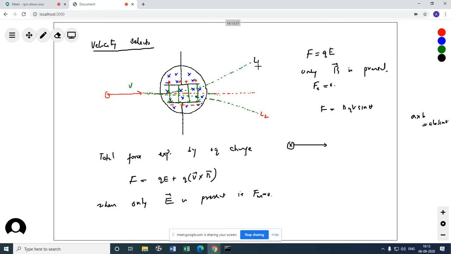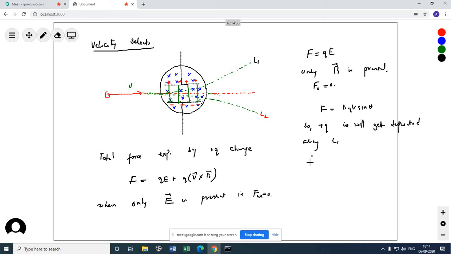So the particle will take L1. Right, plus q will get deflected along L1. Okay?